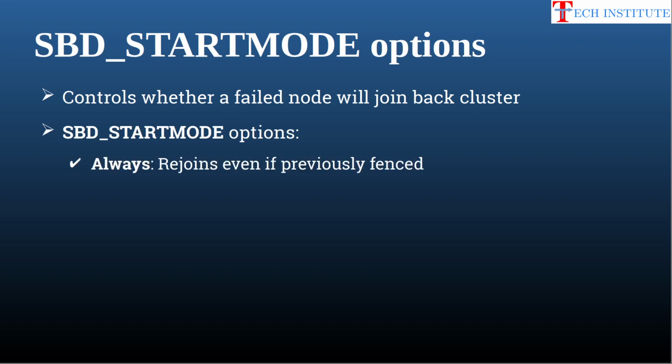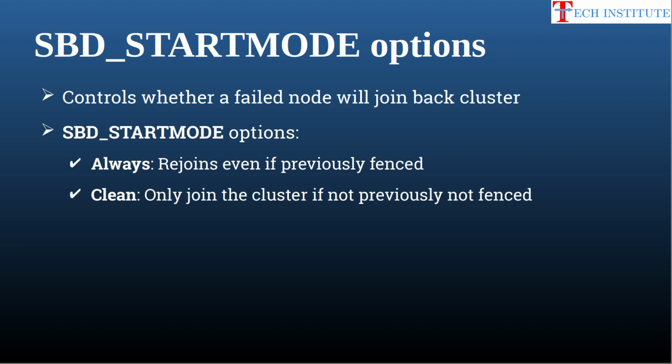There are two options: always, where the node will join back to the cluster whether there is an issue or not, irrespective of that. And clean, where the cluster will allow it only when the node doesn't have any previous fencing history. So it has to be clean, and only then will it join back.